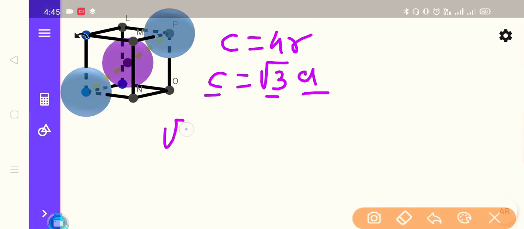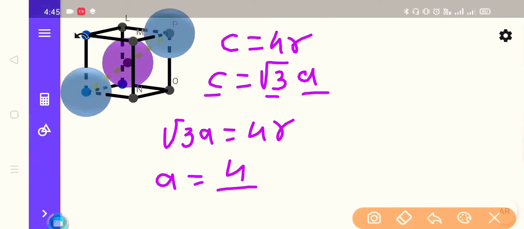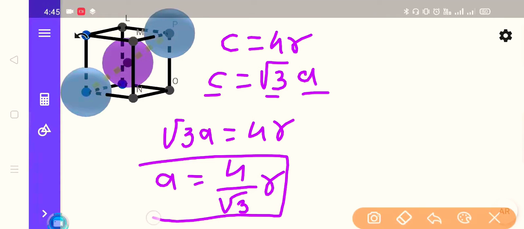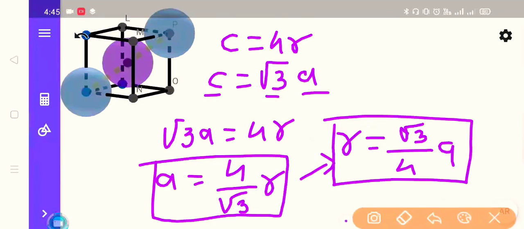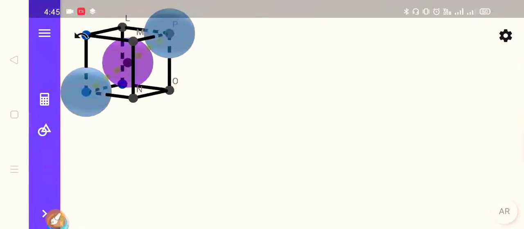So root 3A is equal to 4R, or A is equal to 4 by root 3 R. This will be our equation for the calculation of packing efficiency. The second equation we can derive is R is equal to root 3 by 4 A. We can use it to find the radius from the edge length if the cell system is mentioned.